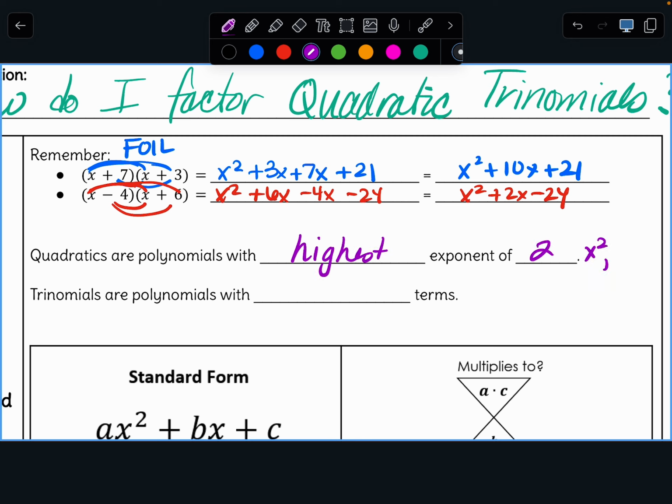So like x squared, t squared, like that. The highest exponent we have is a 2. And trinomials have 3 terms. So anytime I have an expression that has 3 separate terms where the highest one is an x squared, that's called a quadratic trinomial, and I can use this method to factor it and get where I need to be.